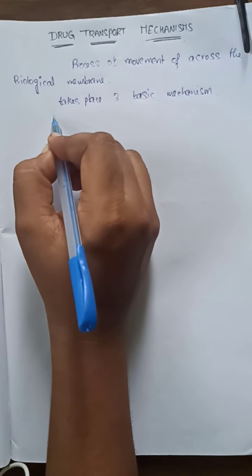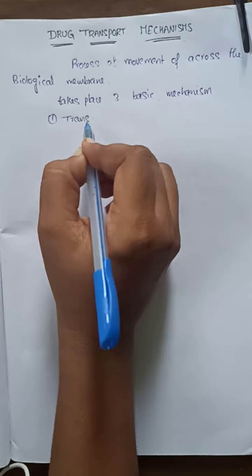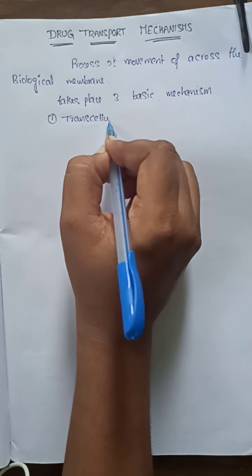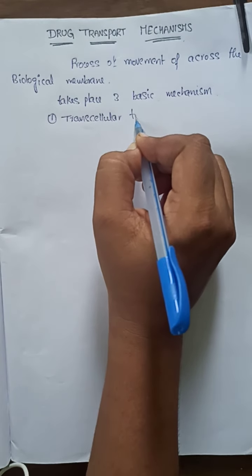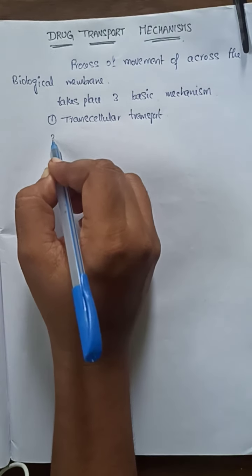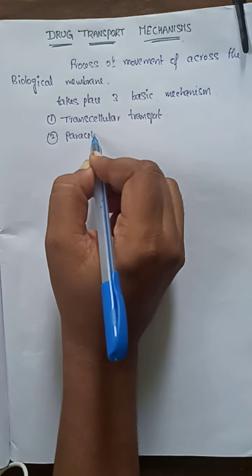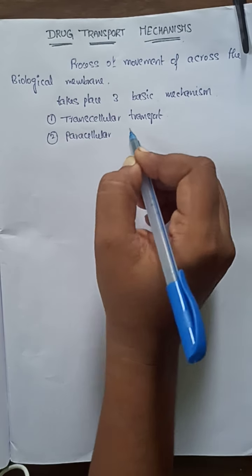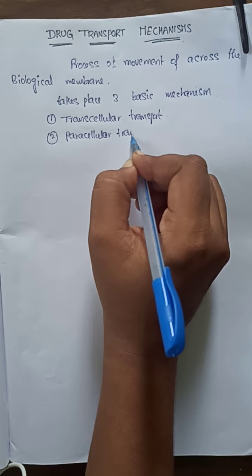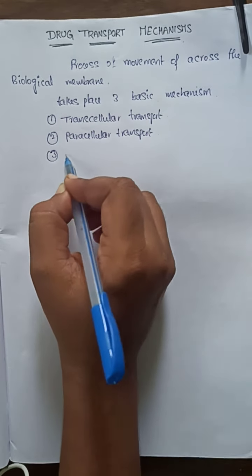Those are: the first one is transcellular transport, the second one is paracellular transport, and the third one is vesicular transport.